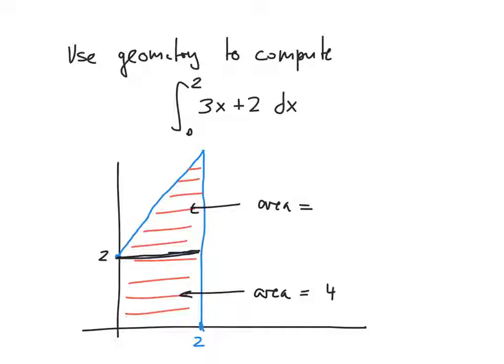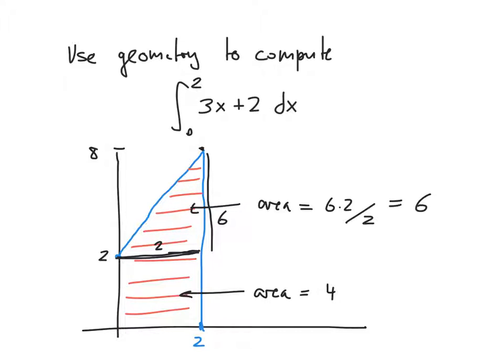So here our function value at 2 would be 3 times 2 plus 2, so it would be 8. So this side length would be 6, right? And 2, so it would be 6 times 2 divided by 2. In other words, it would be 6.